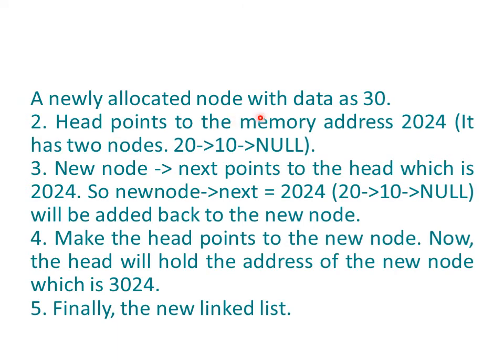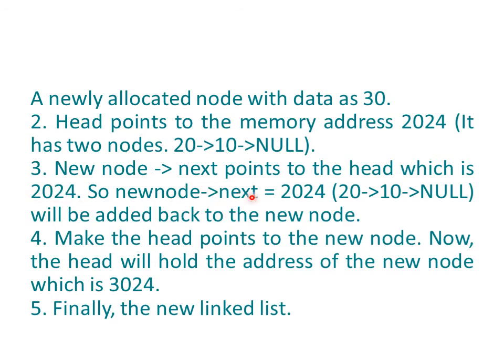See, a newly allocated node with data 30. Next, the head points to the memory address 2024. It has two nodes, 20 and 10, which is null. The new node's next points to the head, which is 2024, the address value of 20.